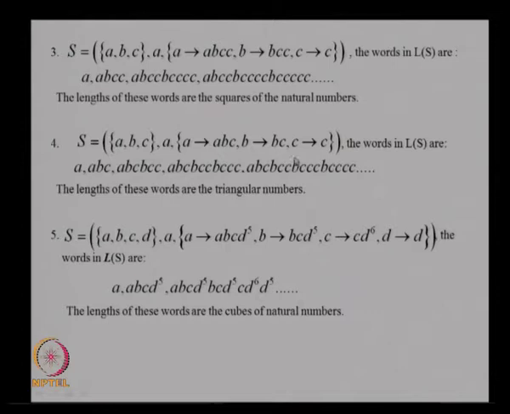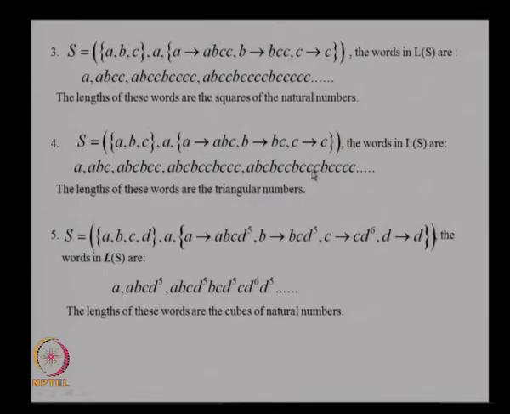Similarly, if you consider this system, the sequence generated is this, 1, 3, 6, 10 etc. The lengths of the sequences are 1, 1 plus 2, 1 plus 2 plus 3, 1 plus 2 plus 3 plus 4 and so on. They are called triangular numbers.